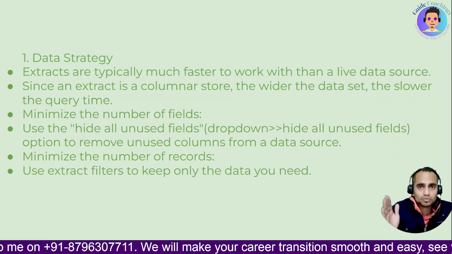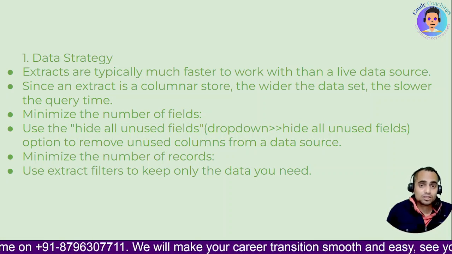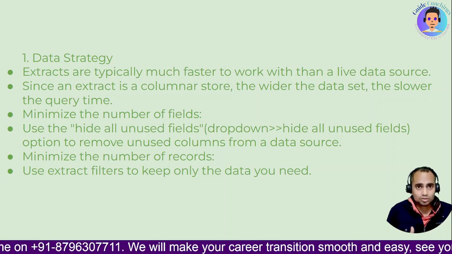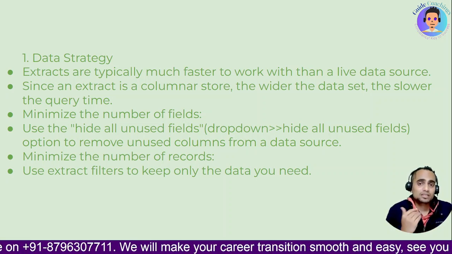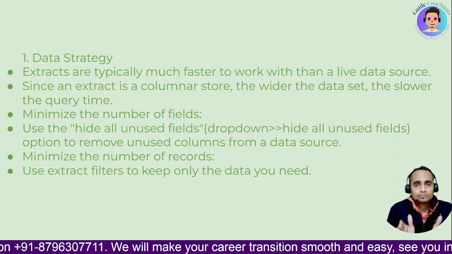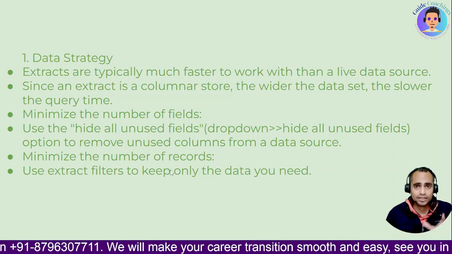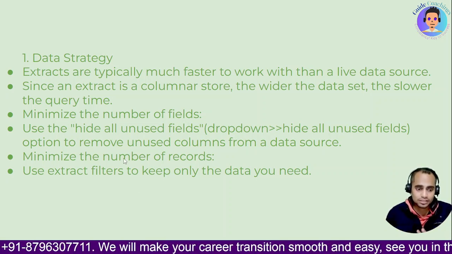But those standing 9 lakh people may create disturbance to that 1 lakh audience or to the performer who is performing. So it is advisable that you keep only 1 lakh records inside your data set, so that it will help you improve the performance. That is the second point.